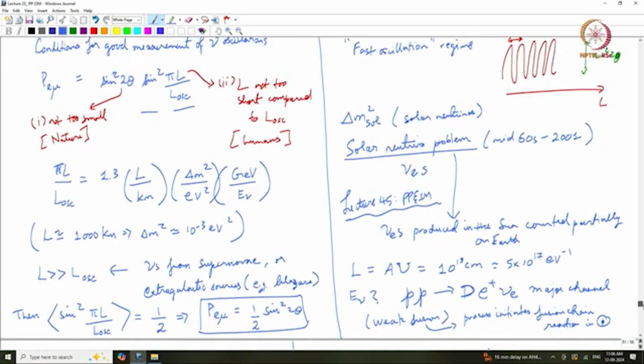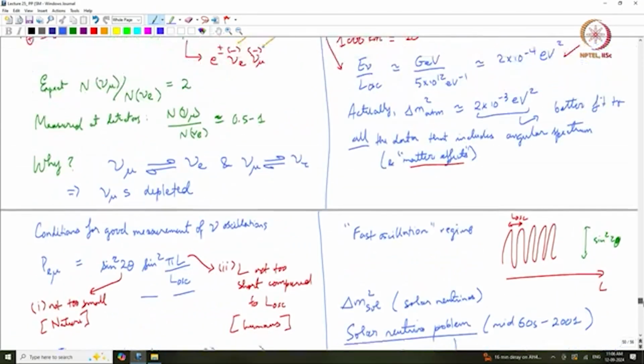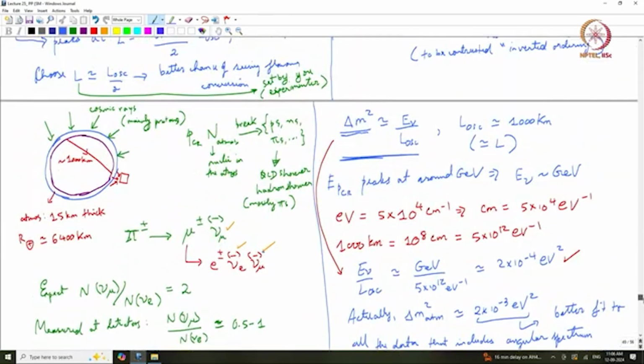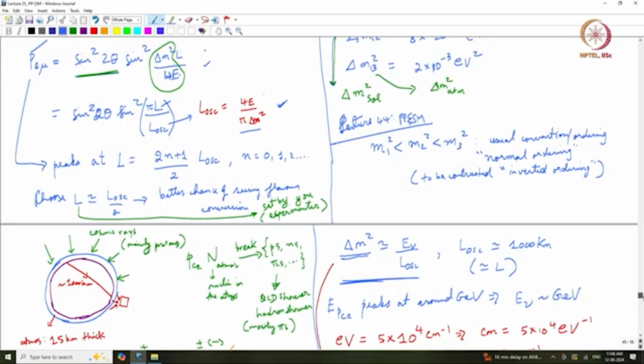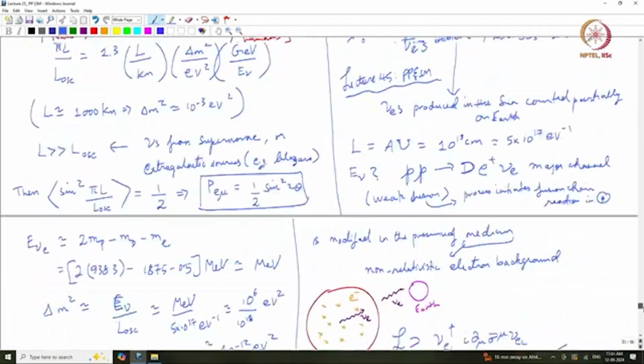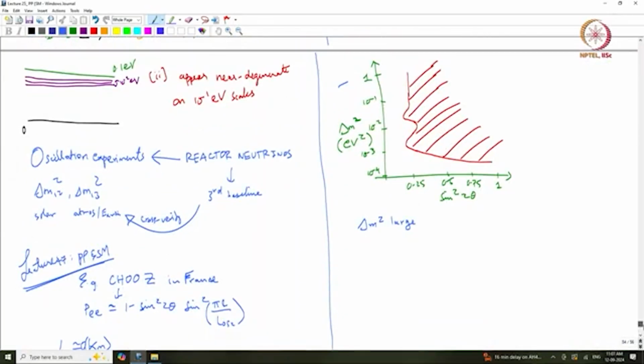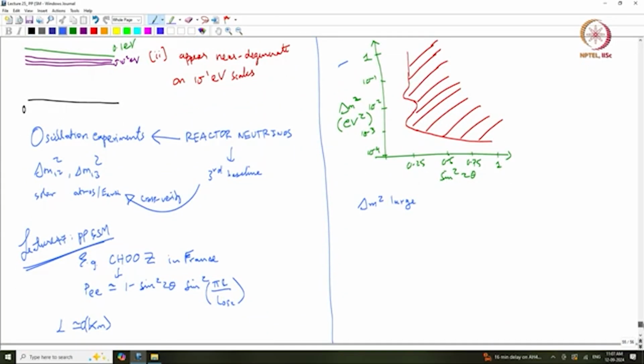See, the oscillation length is in terms of delta m squared and E. It is basically E over delta m squared, remember. So if delta m squared is large, that means you are in a regime where the oscillation length is much smaller than the baseline here, which is around a kilometer.